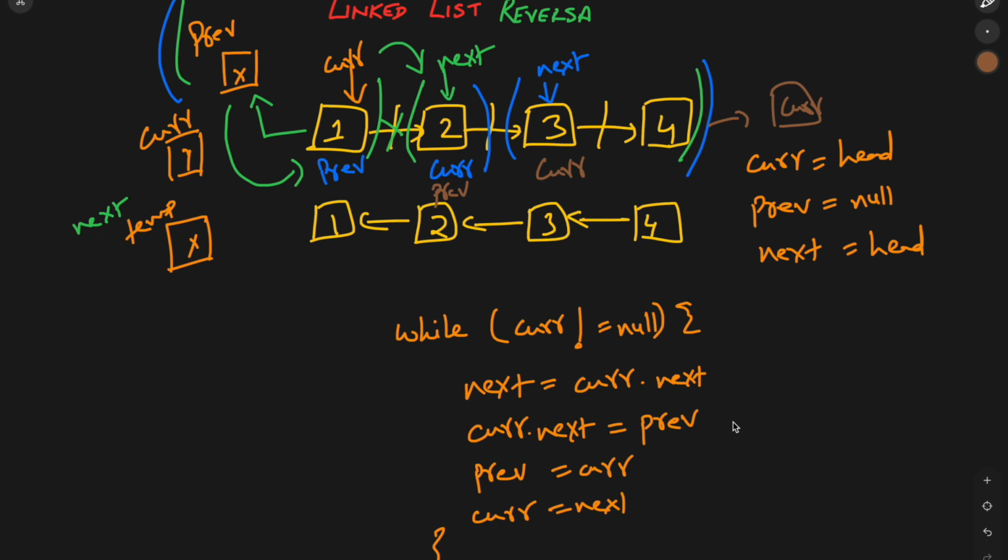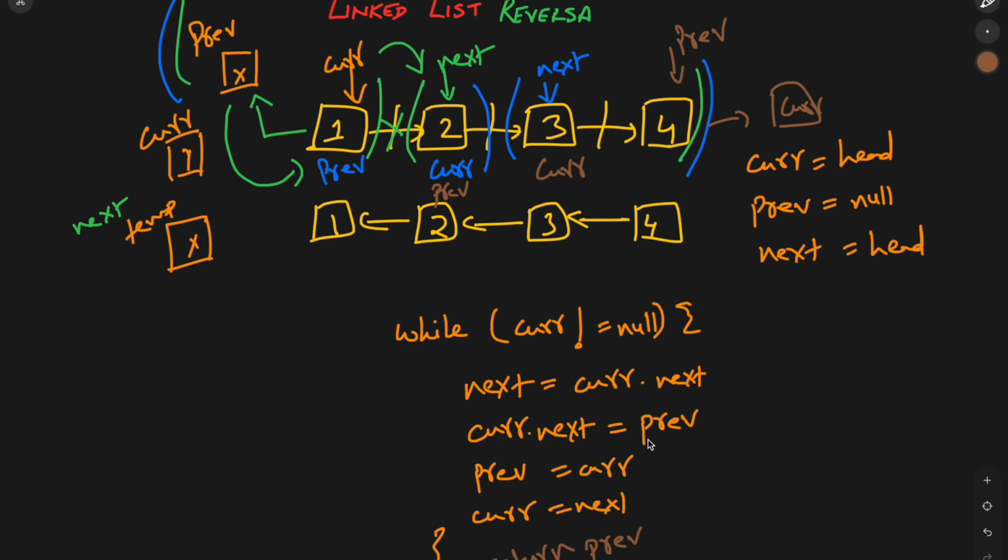At this point, what we need to do is return the previous node. So this will be the previous node. And this is how this algorithm works.